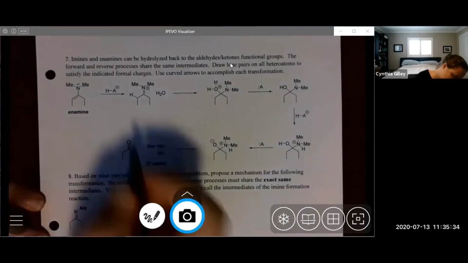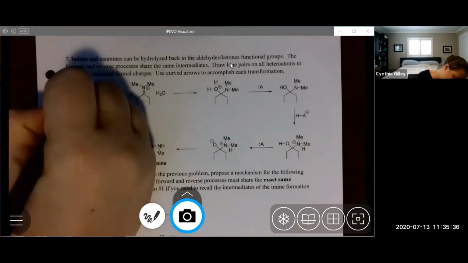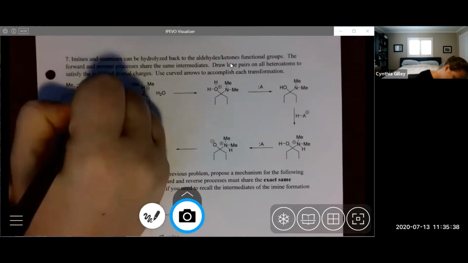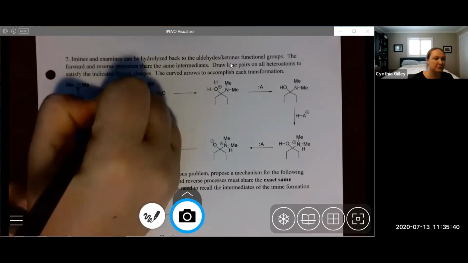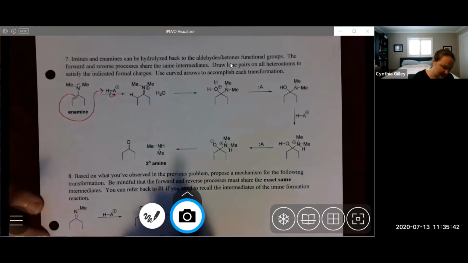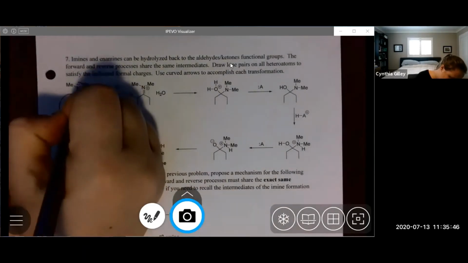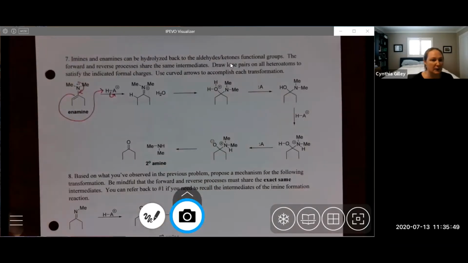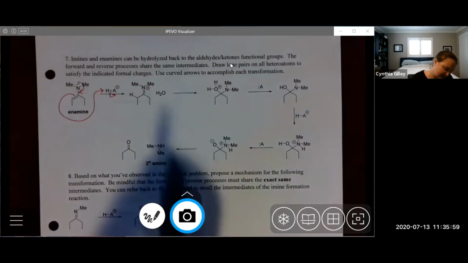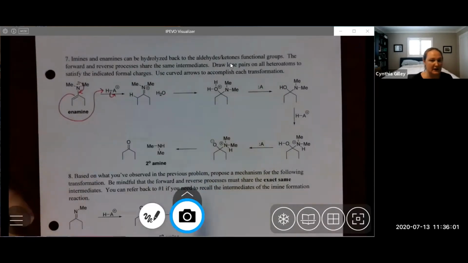So I can take this pi bond and pick up a proton, and in order to get this resonance contributor, I also want to involve a lone pair to make that carbon-nitrogen double bond at the same time. So this is a proton transfer, and this generates our intermediate here.